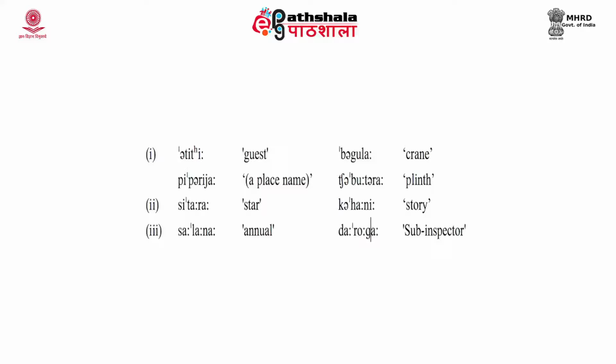Kahani is the same. In the third one, we have 3 words, 3-syllable words. There also we notice the generalization that the non-final first heavy syllable from the right is stressed. If not, then the leftmost syllable is stressed. That is, if there is a word without any heavy syllable, then it is the leftmost syllable which is stressed.